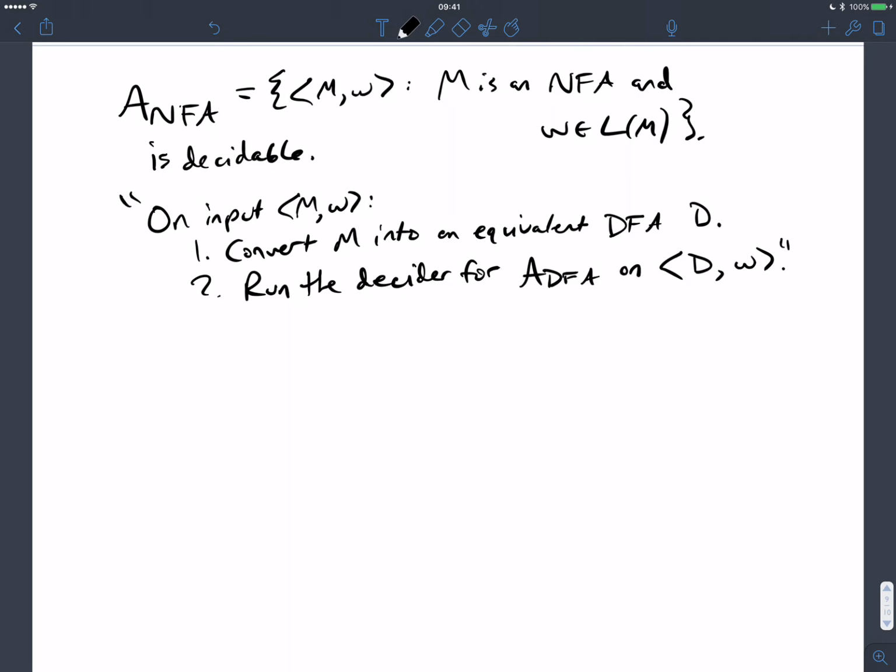But I know the decider for ADFA runs in a finite amount of time, so step 2 takes a finite amount of time. And then I just need to say output what the decider says.